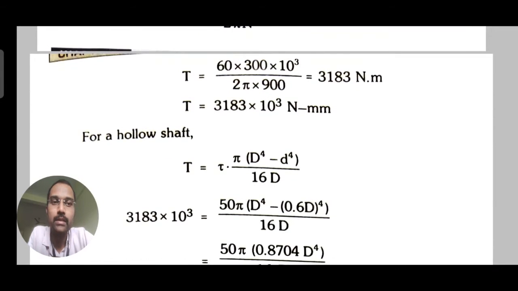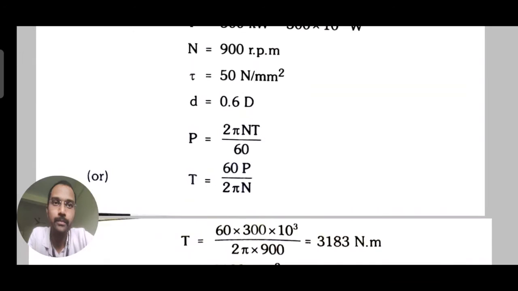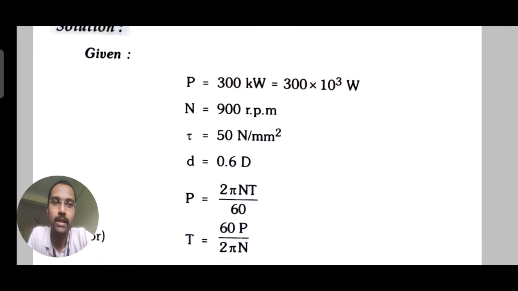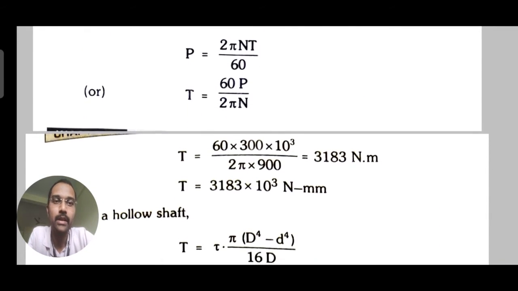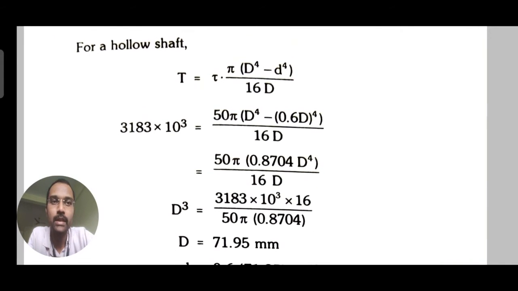And next, capital D and small d are mentioned here. From the relation we have written, small d equal to 0.6 times capital D. So the same relation is substituted here. Why? Because neither diameter is mentioned here, only one relation between the two diameters, internal and external, is given.